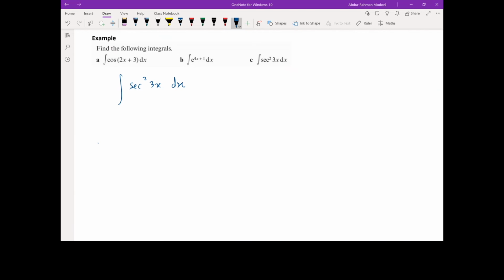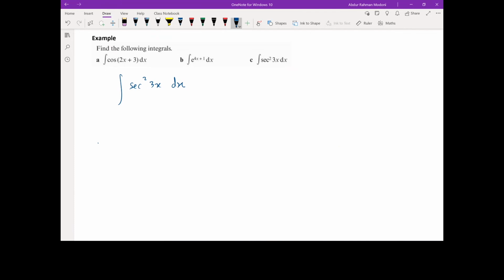So go to the formula book and look at the differentiation section. What differentiates to get us sec squared? If you look at your formula book, one of the results is that tan differentiates to get sec squared. Tan of 3x differentiates to get you sec squared 3x with a coefficient in front of it.